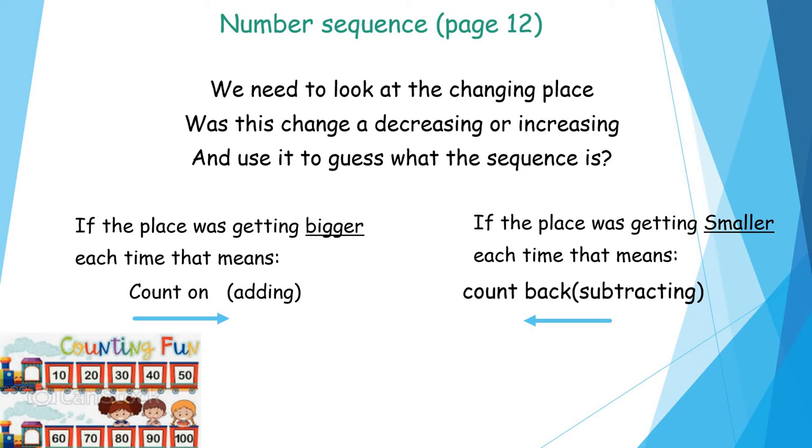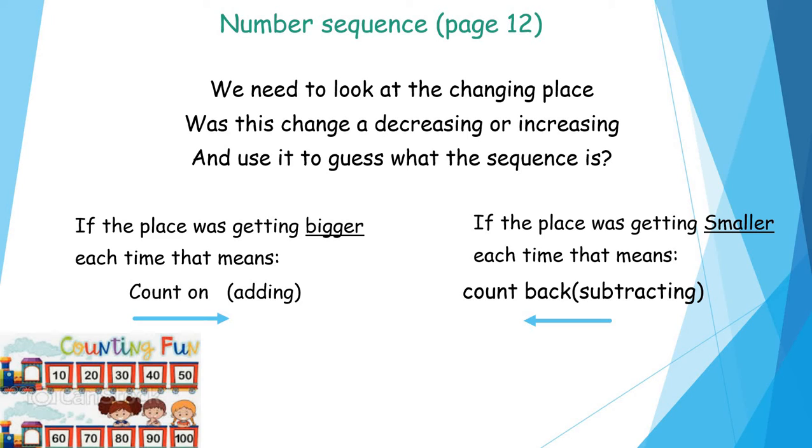And we need to use this guessing to know what is the sequence of this group of numbers. Like if we have a group of numbers and we said, okay, the ones is changing each time, or the tens or the hundreds is changing each time, does this change make the number getting bigger or getting smaller?